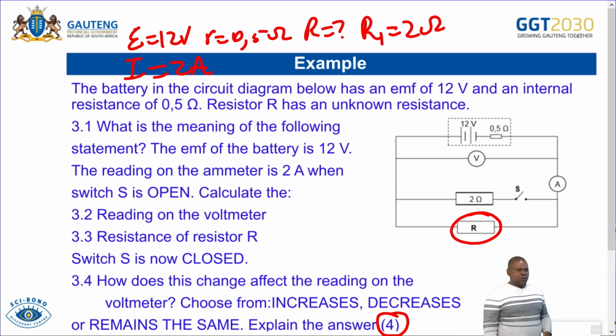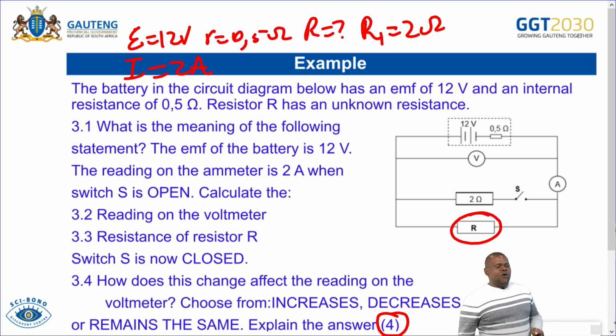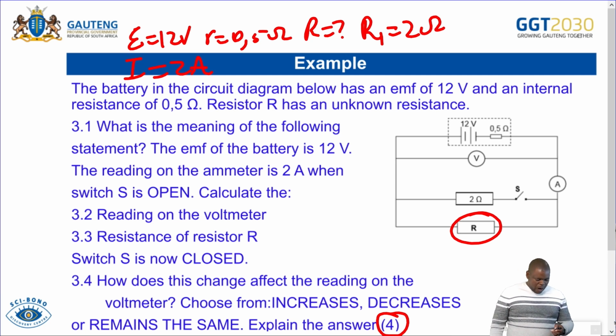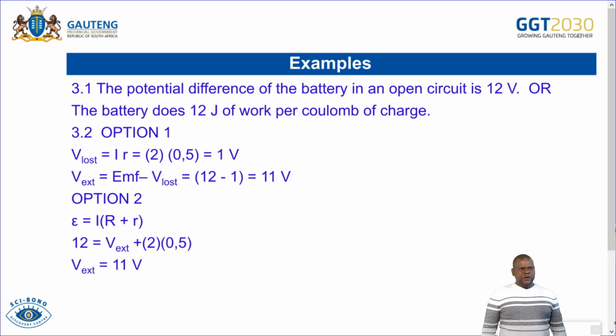Yes. Now, we have the questions here. The first question, what is the meaning of the following statement? The EMF of the battery is 12 volts. To answer that, you can say the potential difference of a battery in an open circuit is 12 volts.